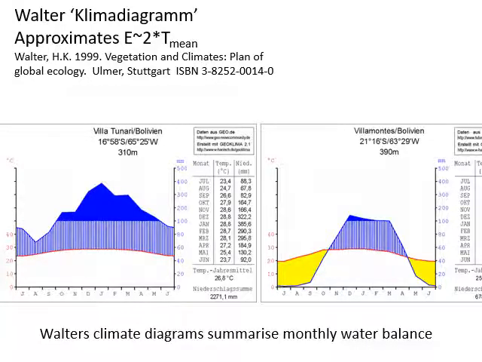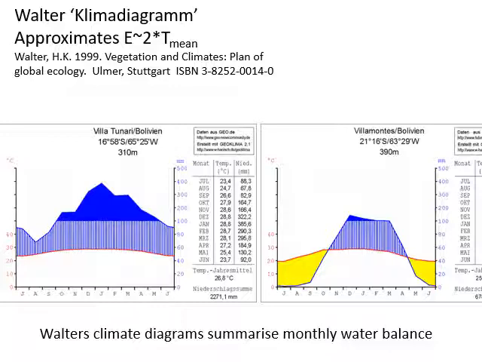These climate diagrams are very good ways to visualize the amount of water stress that an ecosystem experiences throughout the year. What you have on the x-axis is the months of the year from January through to January. Well, actually from July, because we're in the southern hemisphere, from July, August, September through to July, because in this part, which is in Bolivia, in the southern hemisphere, they have rainfall in December, January, February, just like we do.